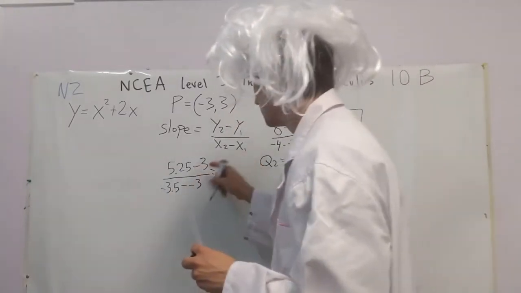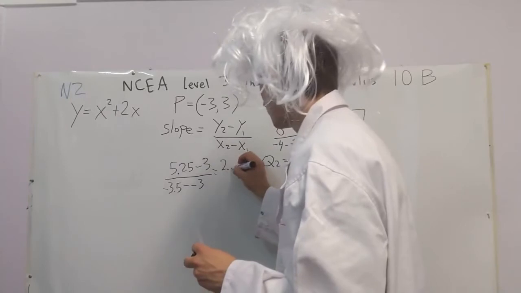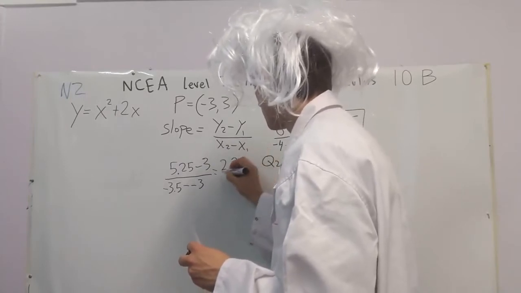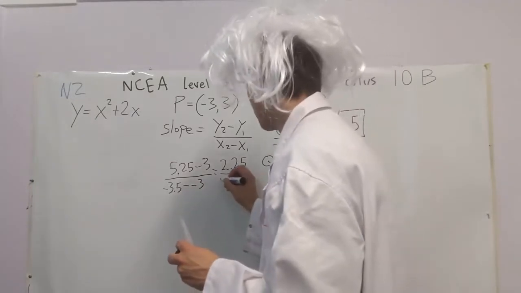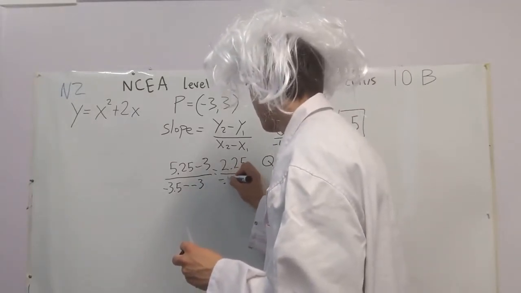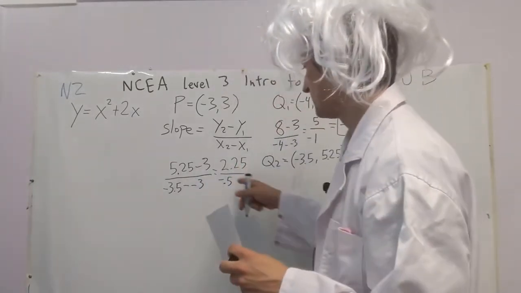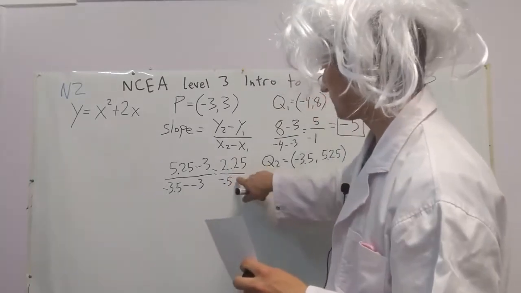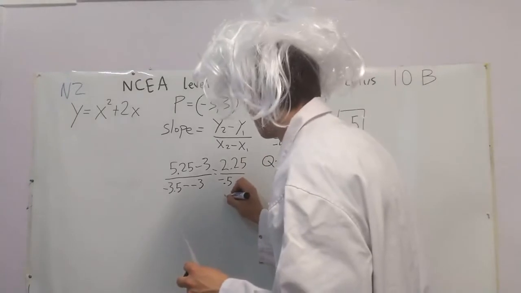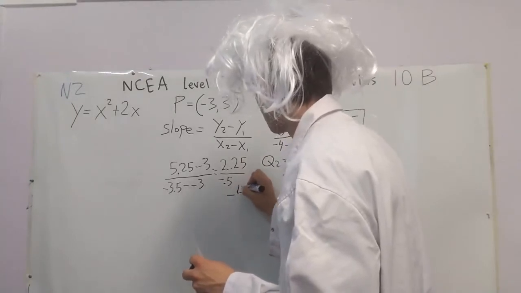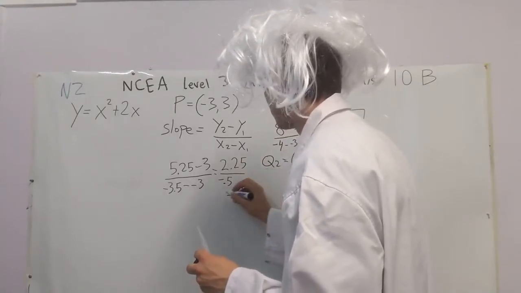This equals 2.25 divided by -0.5. That means that we have to double this and make it negative, which means -4.5.